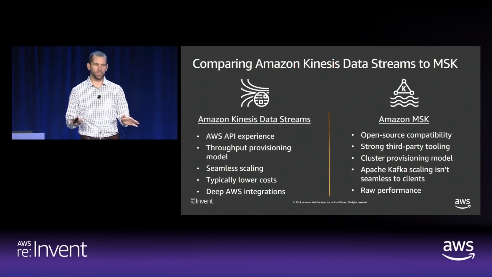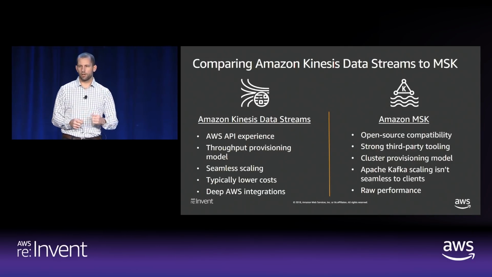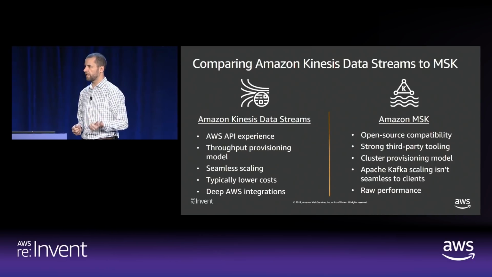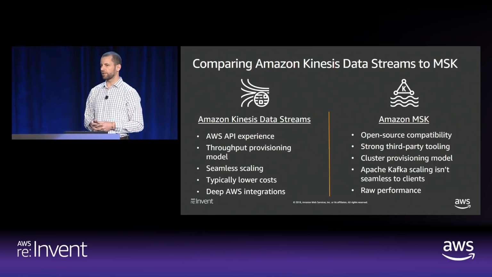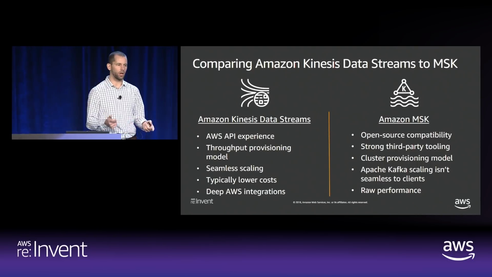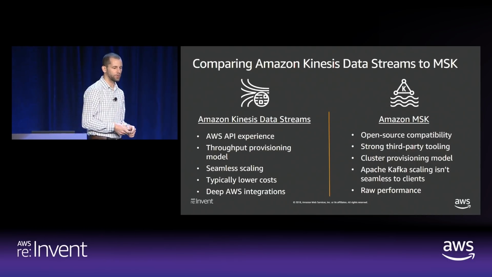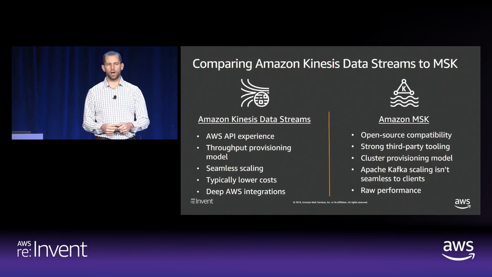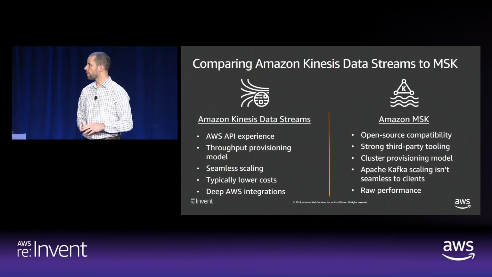The core differences at a very high level are that Amazon Kinesis Streams has an API that is AWS specific, so the data plane calls going in and out of Kinesis data streams are authorized by IAM, for example.